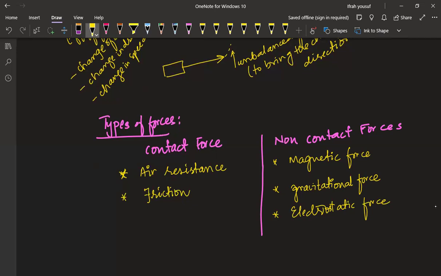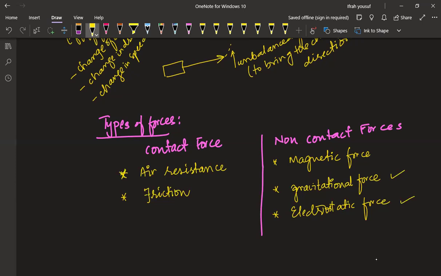In the next class we will be discussing the gravitational force and the electrostatic force in detail. Gravitational force is due to masses: any object which has mass will have the force of gravity, and it's going to have an impact on other objects, right? Electrostatic force is related to charges.